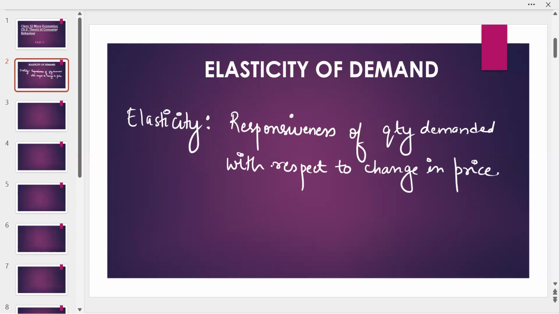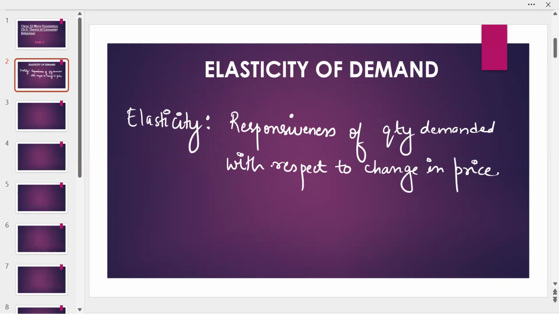Now, let's understand. We know that the price and the quantity demanded have an inverse relation. So, as the price of a good increases, the quantity demanded tends to fall. But there are certain goods for which the impact of price change will not be much higher, and for some goods, a change in the price will have a very large impact on the quantity demanded.